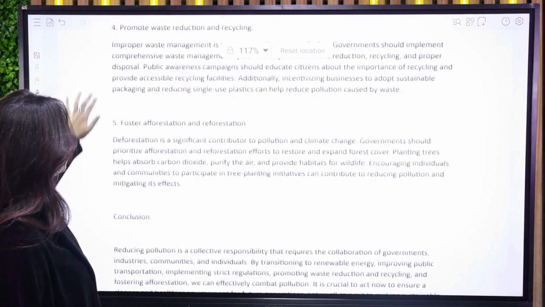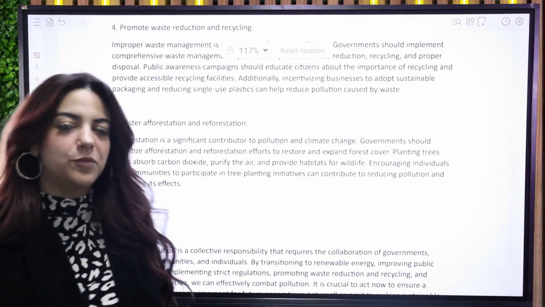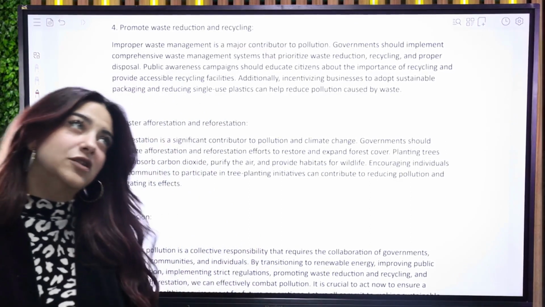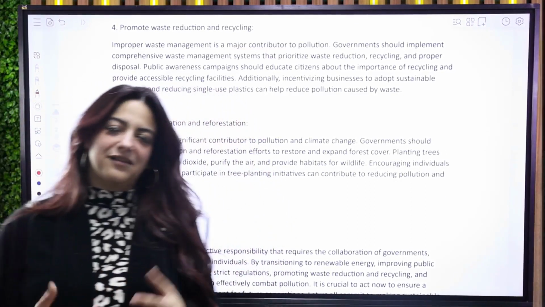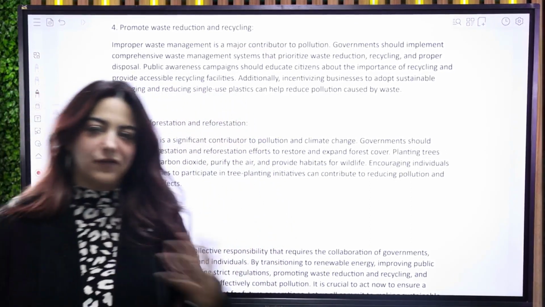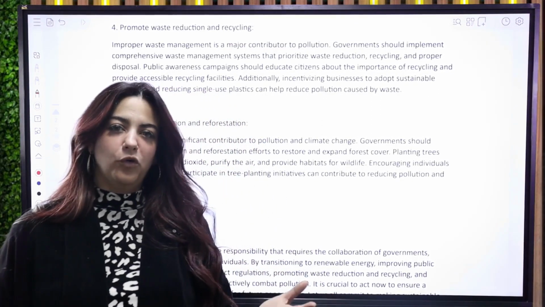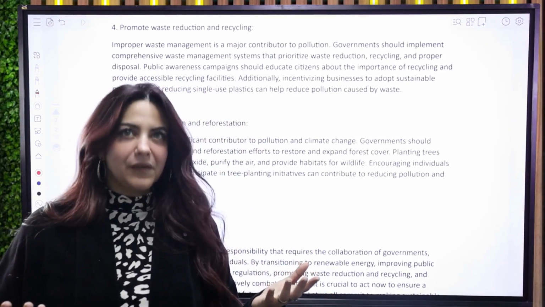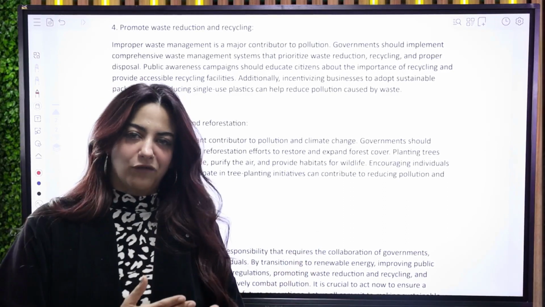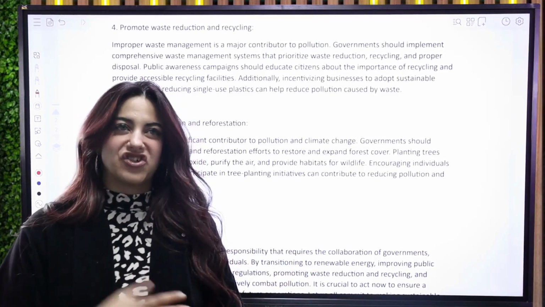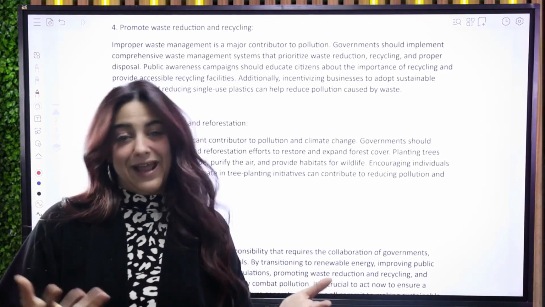Foster afforestation and reforestation. Here you go, this point. Because I told you there is a slight difference between deforestation and afforestation, and of course both to end the problem of deforestation, or to treat deforestation problems that happened.